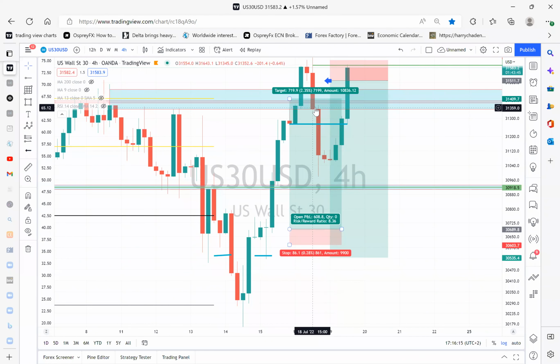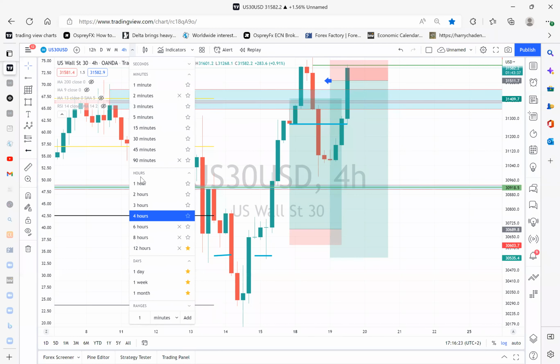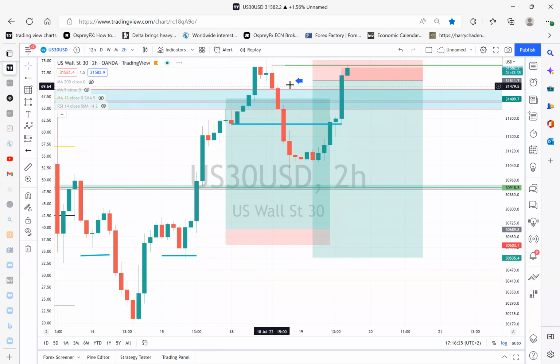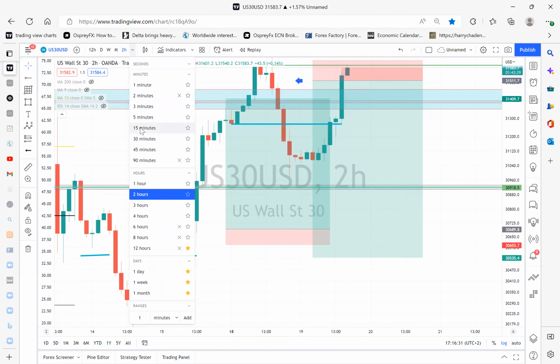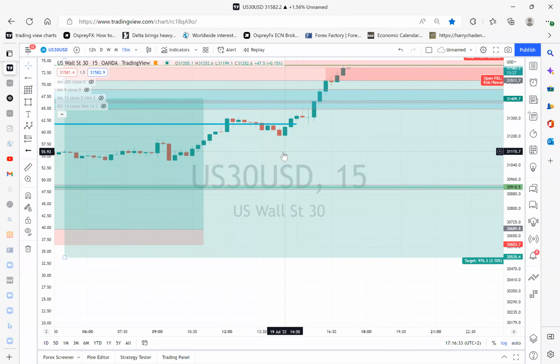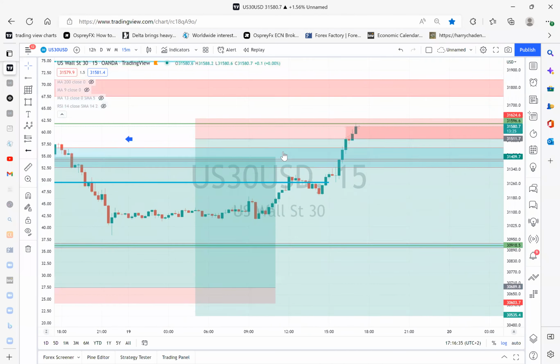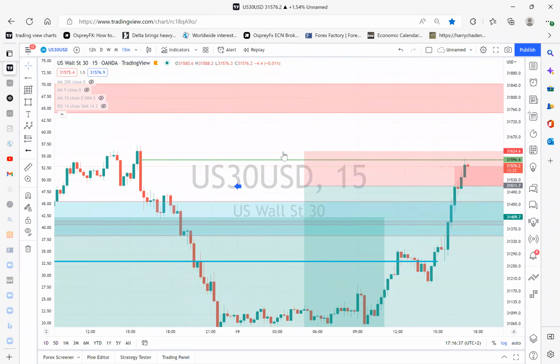When this price turned around, we had to identify where it was traveling to. And I did it on the 2-hour chart. On the 2-hour chart, the fair value gap was here. Now, we just talked about you can keep dropping down, and then on the lower time frames, we would identify this area.